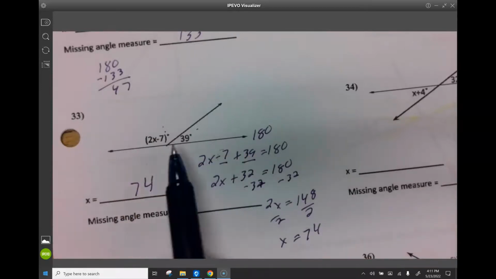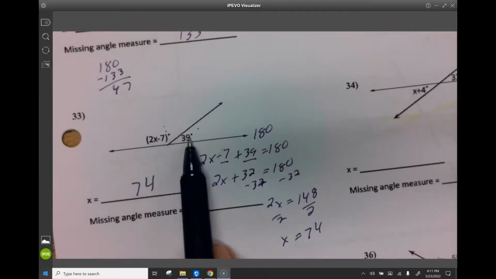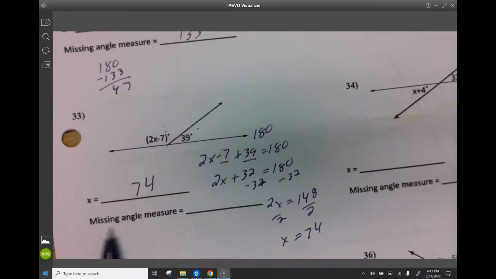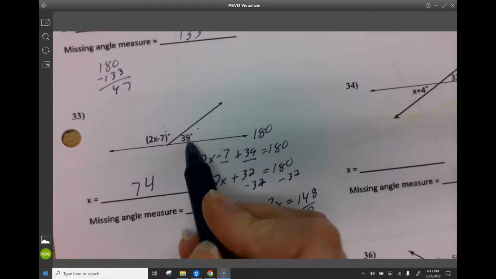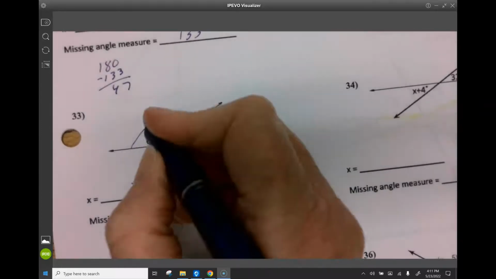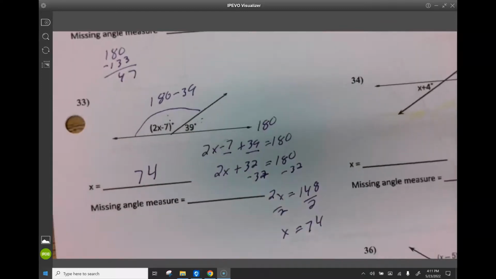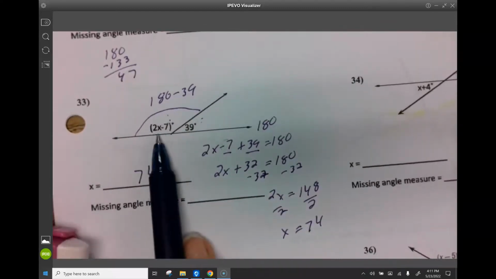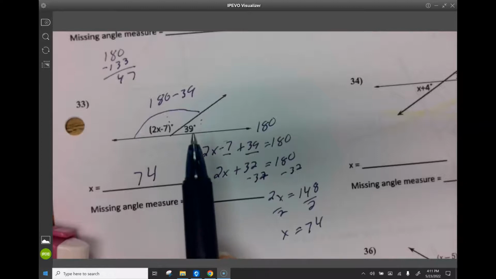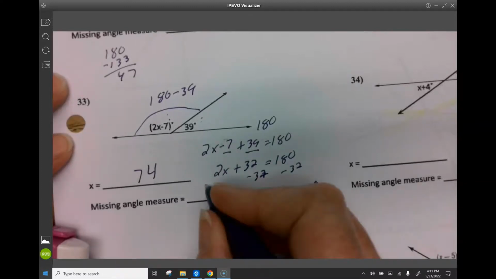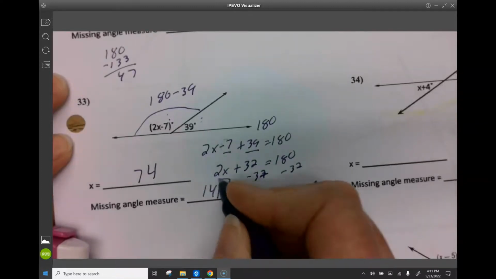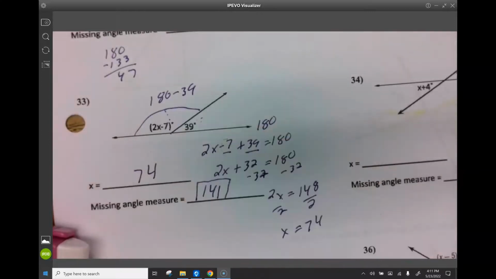But if they want the angle that's missing, they're talking about this one because that one's 39. Now, this we could have found at the very beginning, because if that's 39, this entire angle has to be 180 minus 39, because they have to add to 180. Either way, I can plug it in here, or I can just subtract. 180 minus 39 is going to be 141. Okay? That's this angle right here.